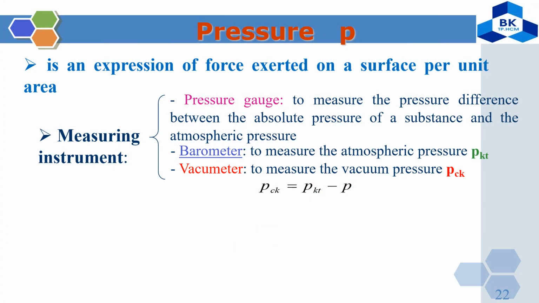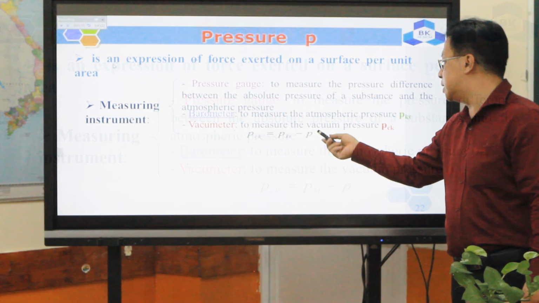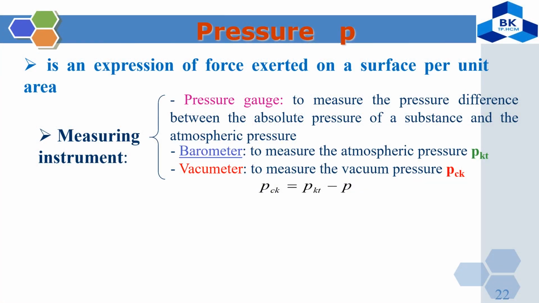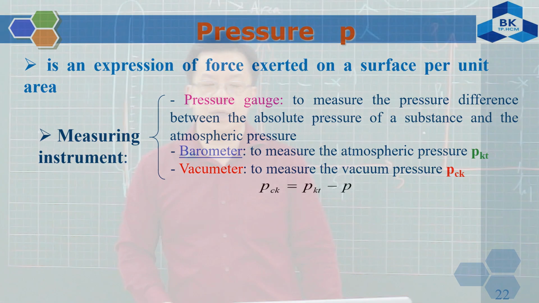The barometer is the equipment to measure the atmospheric pressure, and a vacuum meter is used to measure the vacuum pressure, which is the atmospheric pressure minus the absolute pressure.